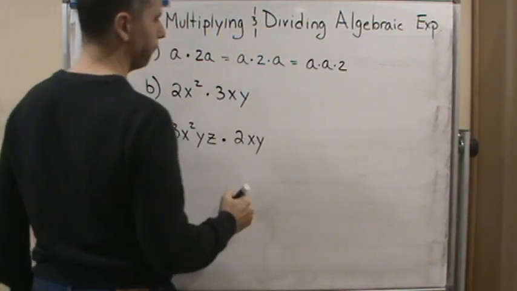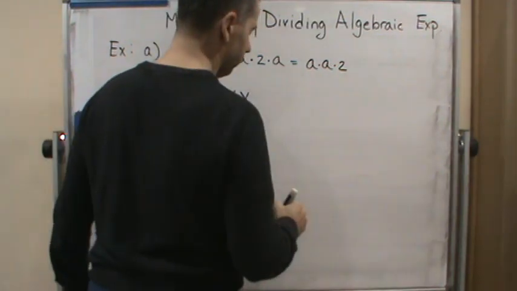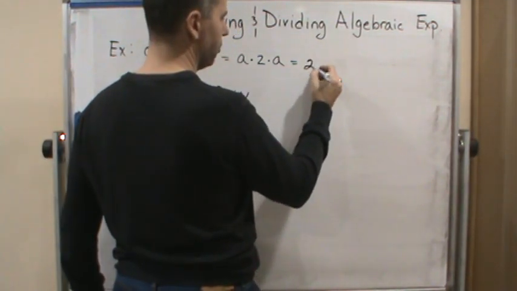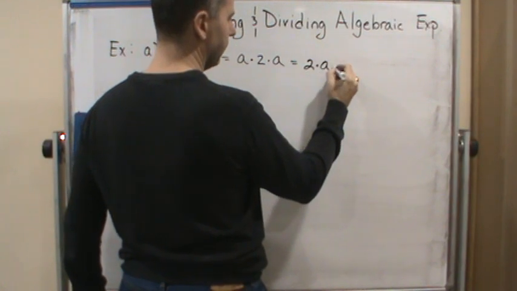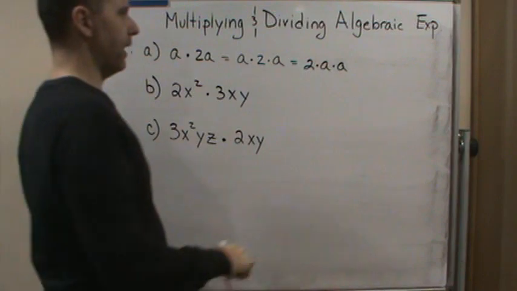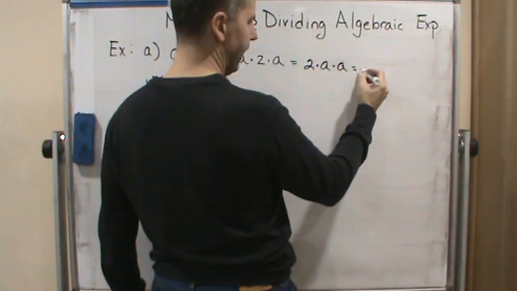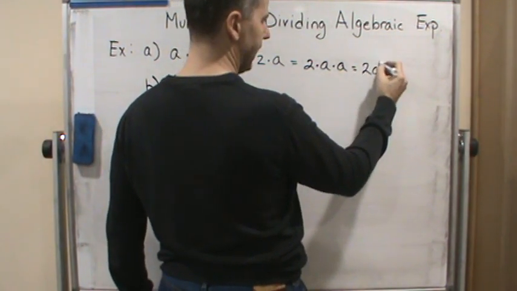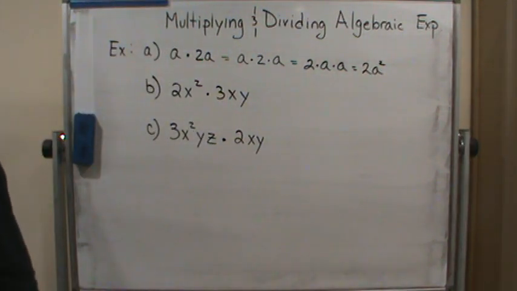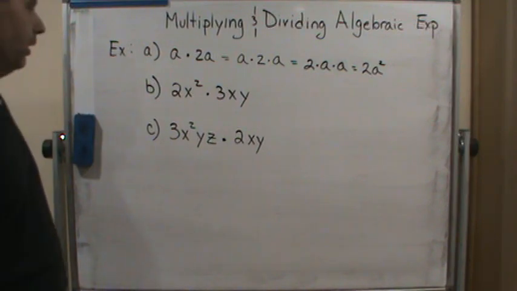Or better yet, I can write this as 2 times a times a. And so now I can write this as 2 times a to the second power, which is 2a squared. And I'm done.